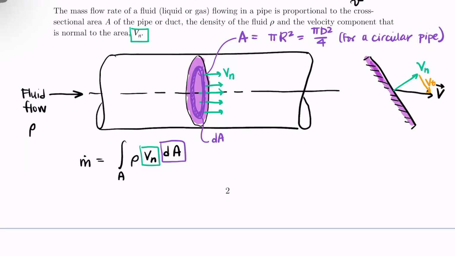And for a circular pipe, dA is just 2 pi r dr, as a friendly reminder. Any questions on how we calculate mass flow rate?